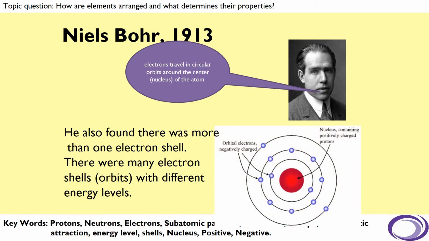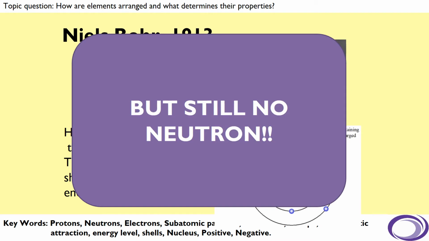And that now becomes quite similar to what we know in terms of electron configuration. In Bohr's configuration, he has 2 electrons in the inner shell and up to 8 in the following shells, with that positive nucleus with the protons in the centre of the atom. But there's still no neutrons, and it's because the neutrons took a little bit more time to discover.